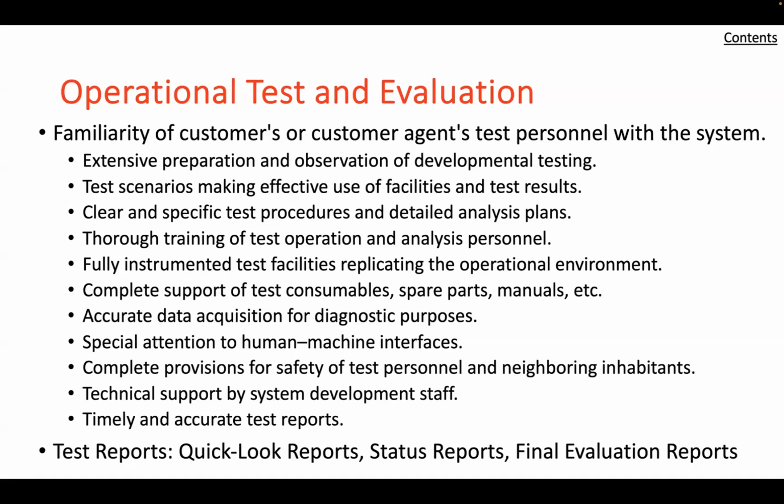And the final thing is the final evaluation report. It contains the detailed test findings or evaluation relative to the system's intended function and recommendations relative to its operational suitability. It may also include recommendations for changes to eliminate any deficiencies identified in the test program.